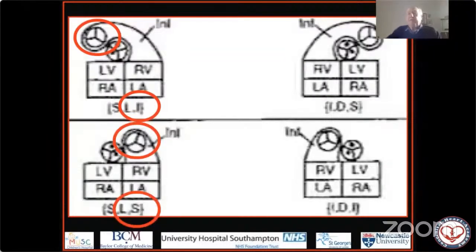But look for a moment at the upper right-hand panel, because there again is the pulmonary trunk, and this time the pulmonary trunk arising from the right ventricle, supported by an infundibulum, is spiraling around the aorta in normal fashion. And in fact, that is what Richard has labeled as solitus, the usual arrangement.